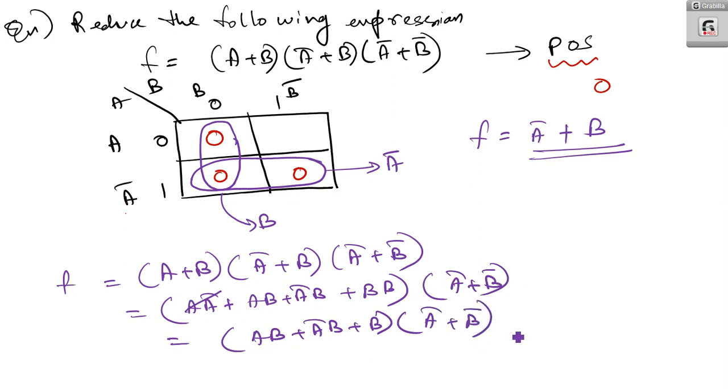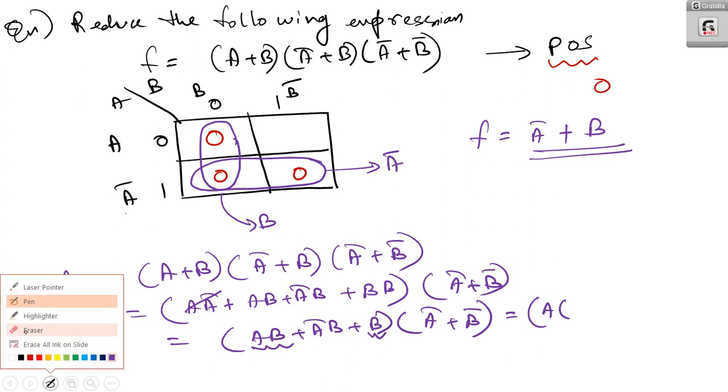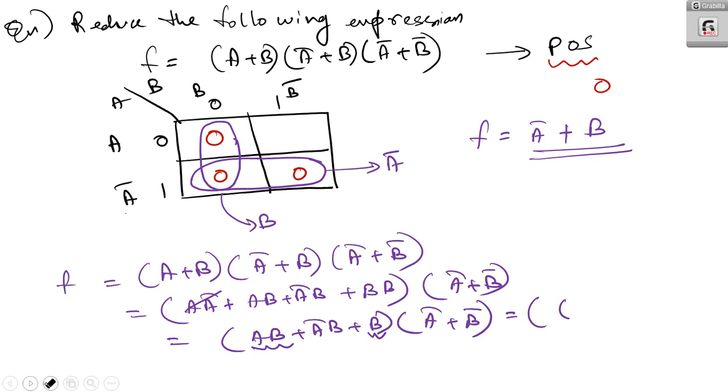Again, if you are further simplifying it, see in these two terms B is common. So you can write it as B and A or 1, or A bar B, and A bar or B bar. So here what do we get?